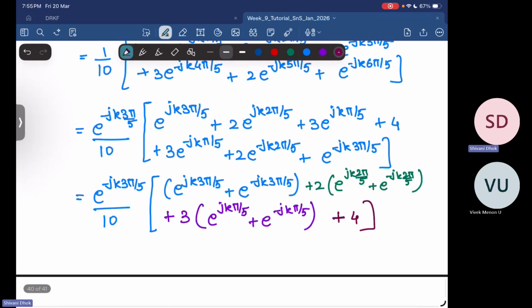Now at every term I can multiply and divide by 2.